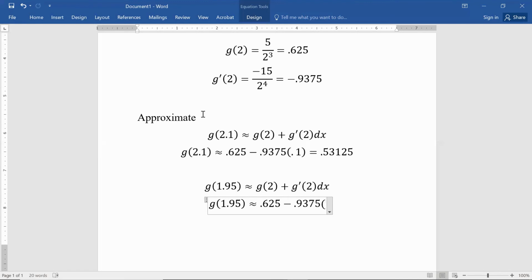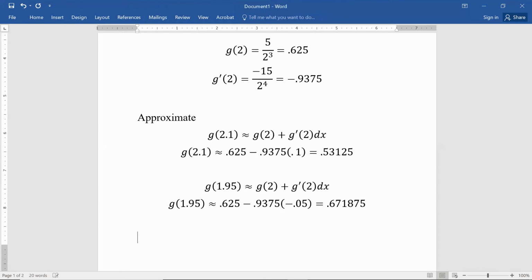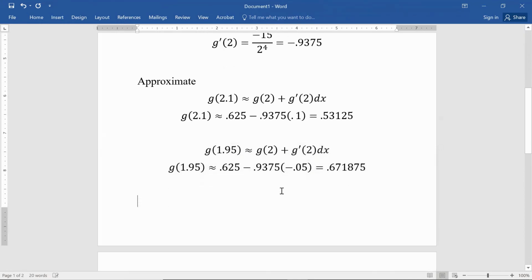And the differential here, because we're lower than 2 by 0.05, we have to use negative 0.05. When I plug that into my calculator, I get a positive 0.671875. Again, if Moodle asks you to round to 2 decimal places, go ahead and round that number to 2. If Moodle asks you to round to 4, round to 4.